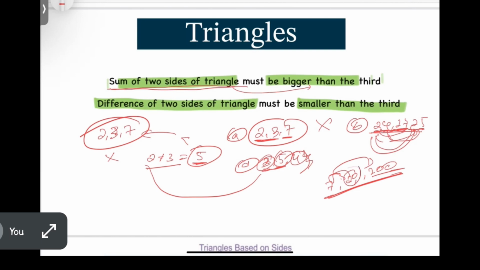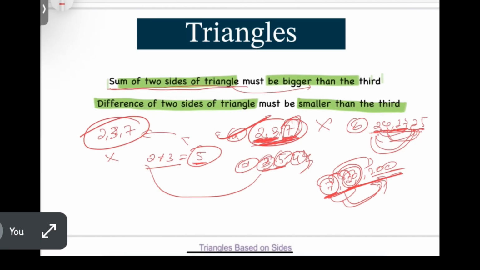In order to form a triangle, the sum of two sides should be greater than the other side. So the simplest thing you need to do is go through the points, and if there's a case where two points are close to each other but the other one is much bigger, you go for that answer, because that set will not be able to form a triangle.